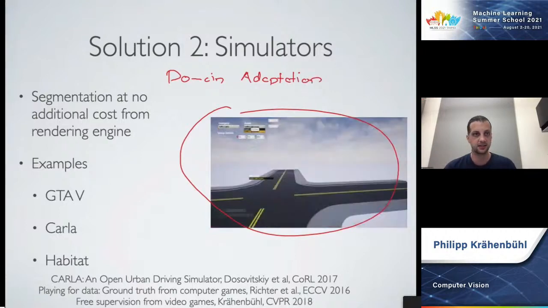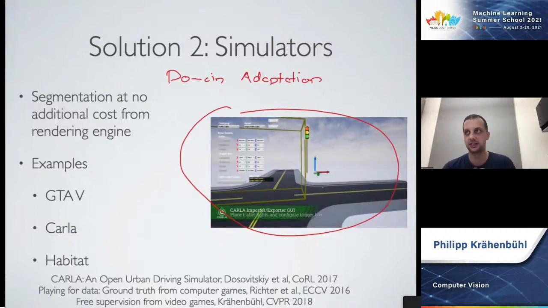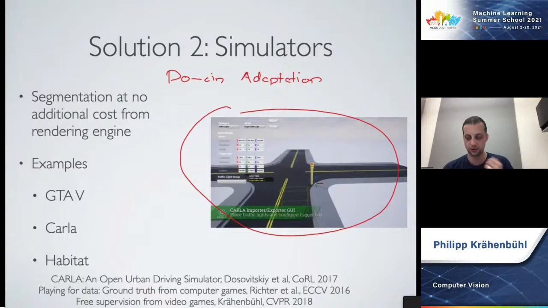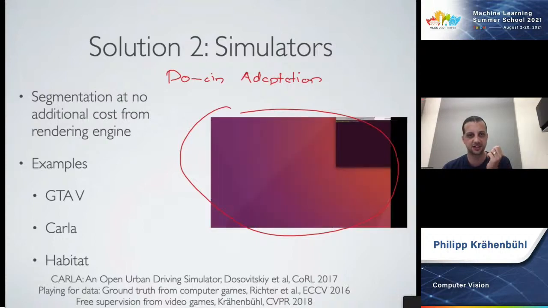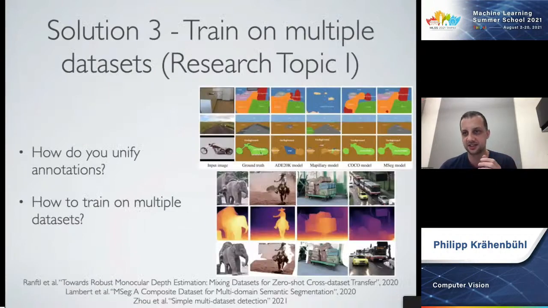Right. Now, another way to solve the problem of small data sets is, instead of just trying to use one data set, to use all the data sets that you have for a specific problem. This has been quite successful in semantic segmentation and in depth estimation.